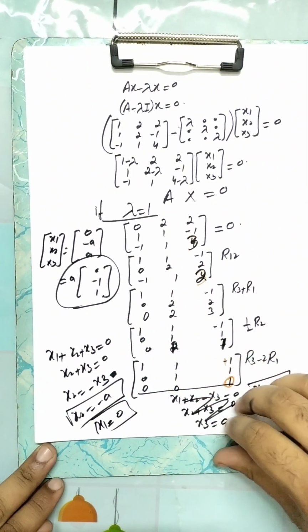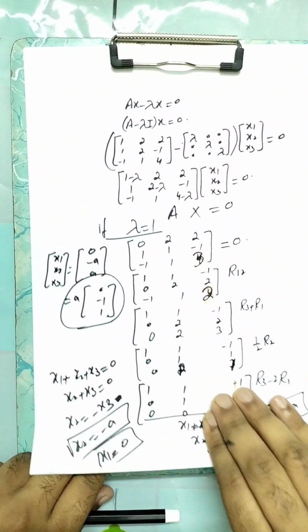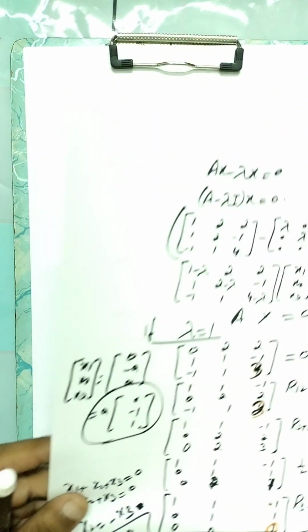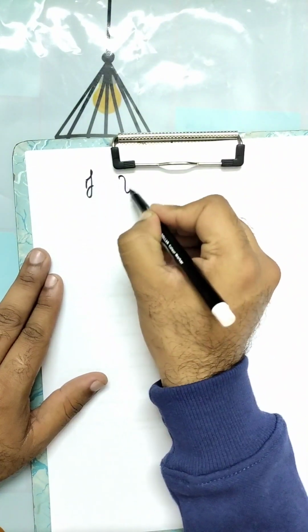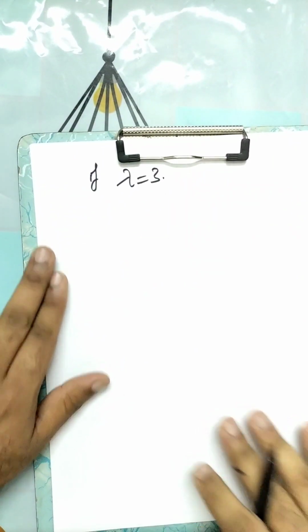So now we calculate the eigenvector for lambda is equal to 3. So if lambda is equal to 3, what is the eigenvector?